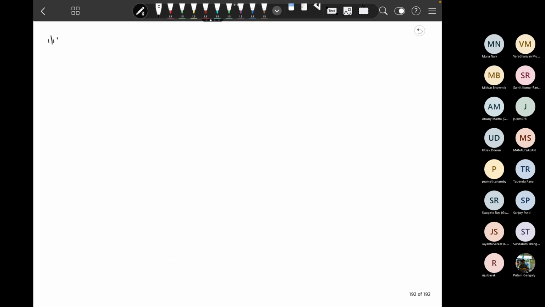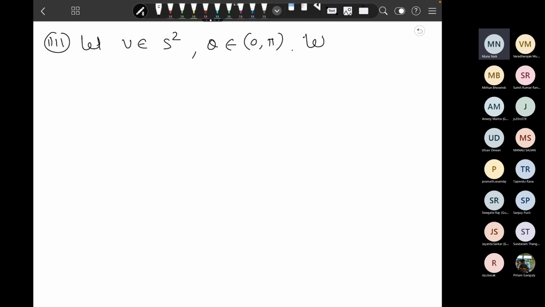Third, let v belong to S2 and theta belong to, say, 0 to pi. Then T equal to R(v, theta) has only one representation. Precisely, what does it mean?